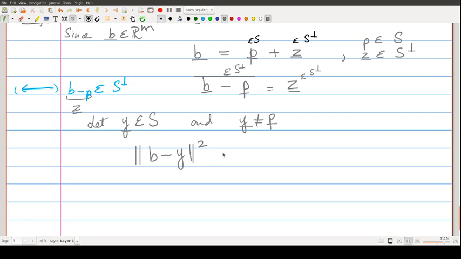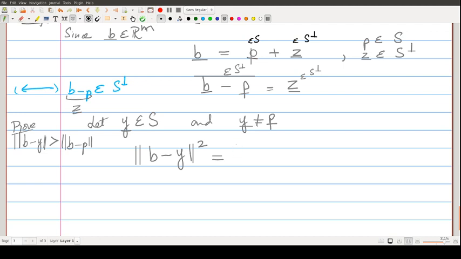So I want to prove that the magnitude of B minus y is going to be bigger than the distance of B from P. Okay, all right. So let's break this down first.